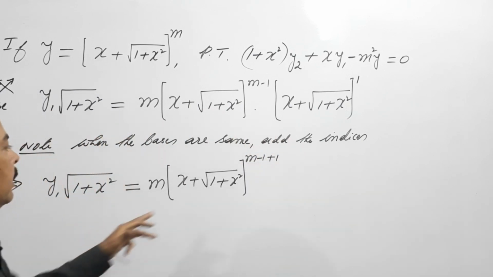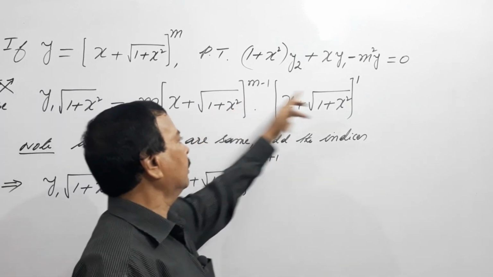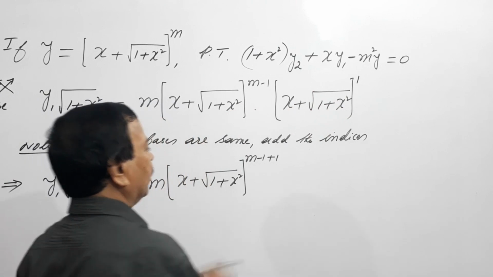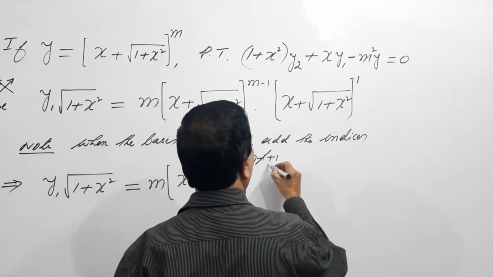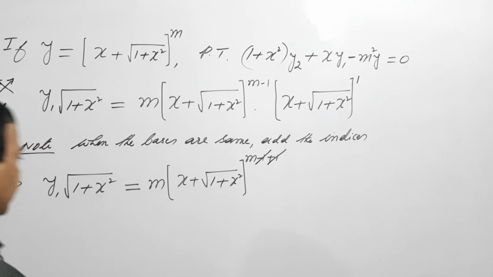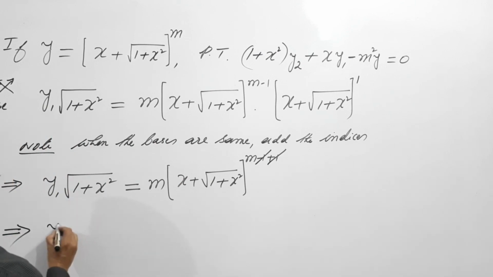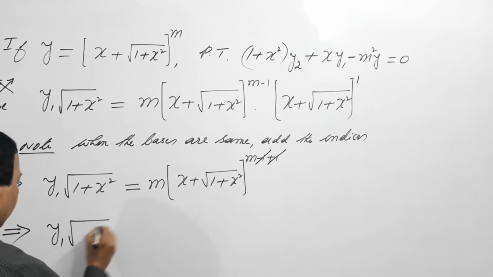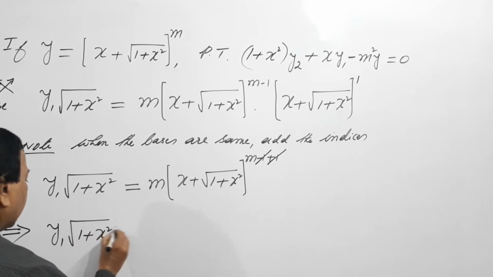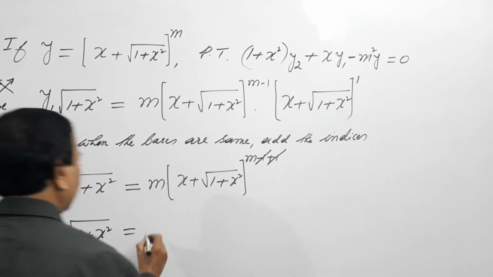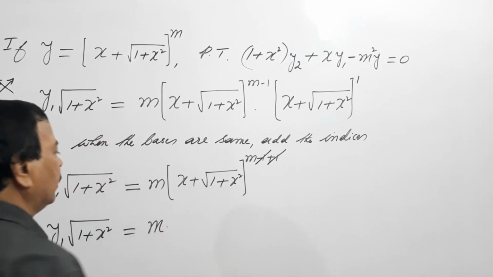So what happens here? I have added m minus 1 plus 1. You have minus 1 and plus 1 getting cancelled. So that is nothing but y1 into 1 plus x square equals to m. And what is this?